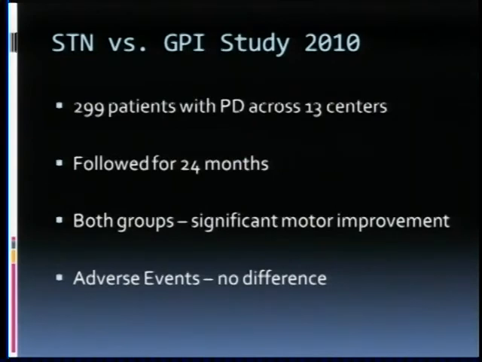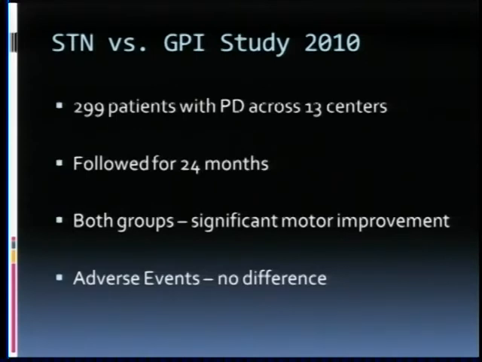So the study, and if you have the paper that I handed out, it has a little bit more detail. But the biggest study that's been done to date was 299 patients across 13 centers, almost equally half STN versus GPI. And when they did this study, they were really looking at, and we all really wanted to know, what's going to be the difference between the two?